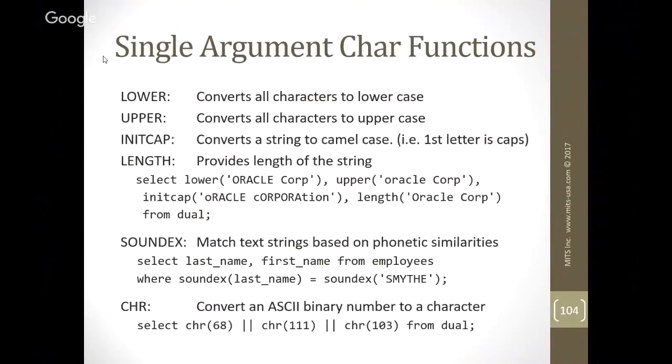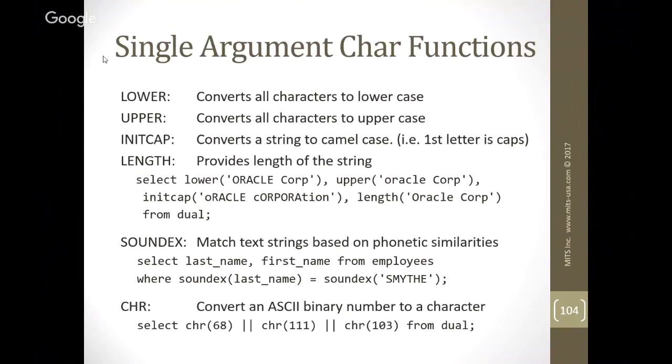All right, so char here, this is converting an ASCII binary number to a character. Okay, so select char 68, concatenate it with 111 with 103 from dual.